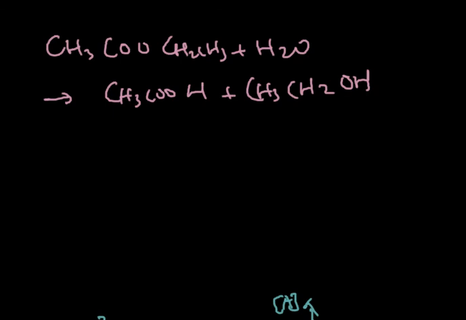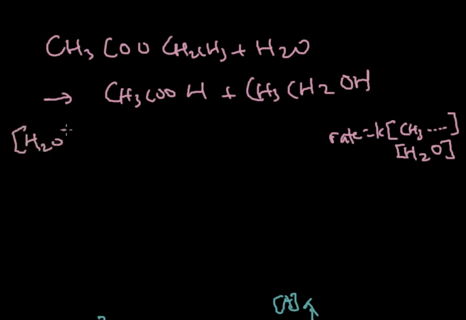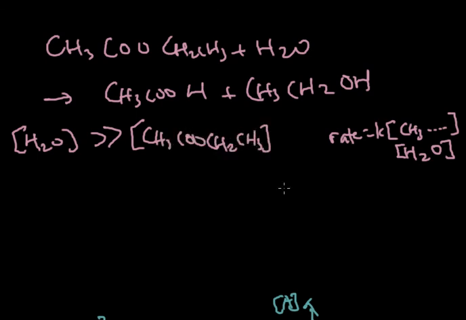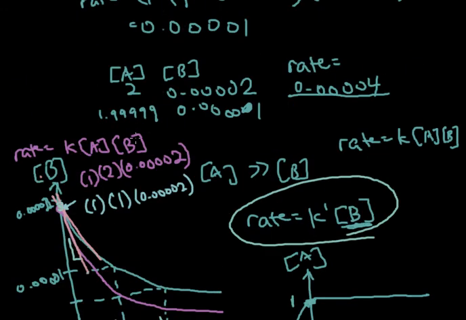The rate equation is rate equals k times [CH3COOCH2CH3] times [H2O]. But because water is a solvent, it is present in large excess. So H2O is so much bigger than the ester, essentially like the same idea for A and B.